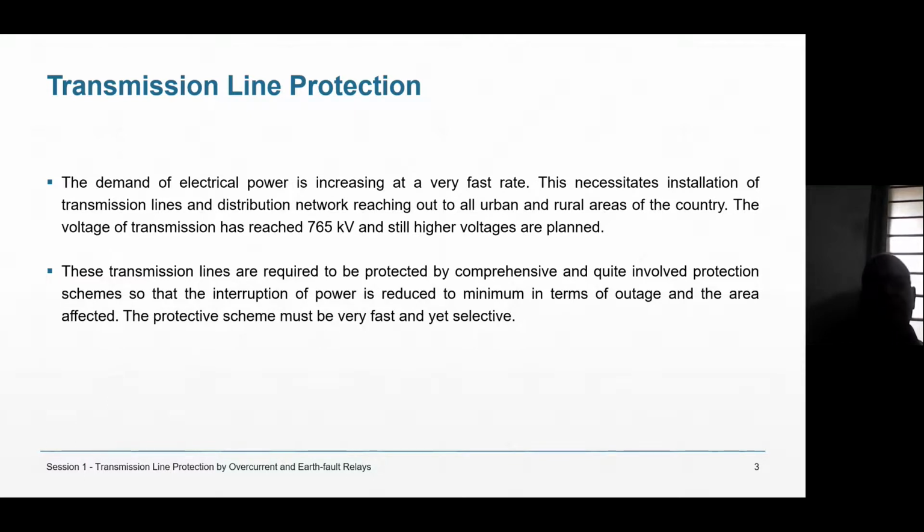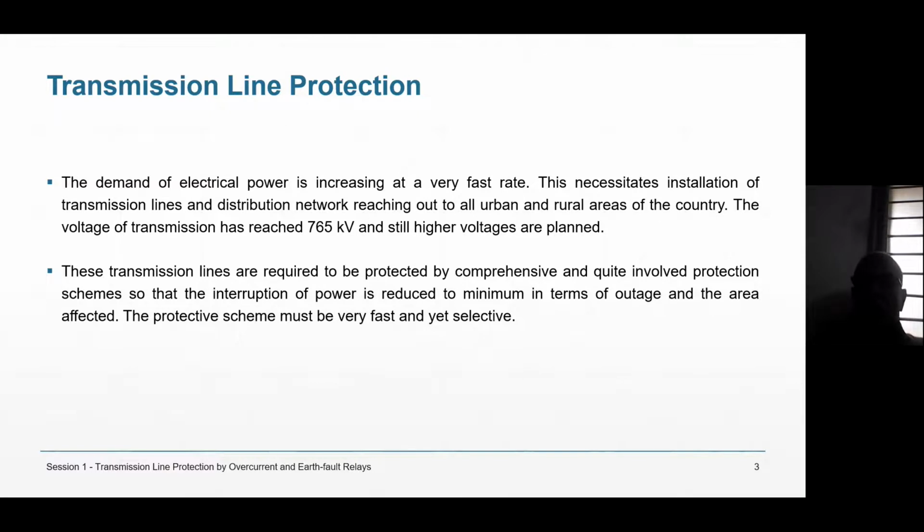And obviously, when demand of power increases, you need many generators, many transmission line networks and distribution networks reaching out to the urban and rural areas, in the corners of the small villages also in the country.